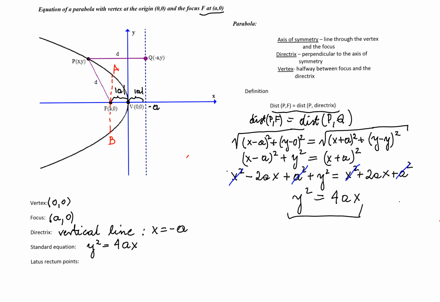And because we know that the distance between point F and A is double the distance between F and V, the distance between F and A is double the absolute value of a, and so is the distance between F and B. This is twice as much as the distance between the focus and the vertex. And therefore the latus rectum's endpoints are: for A, the x coordinate is a, the y coordinate is 2 times the absolute value of a, which is positive, and B is going to be (a, -2|a|), since it's below the x-axis.